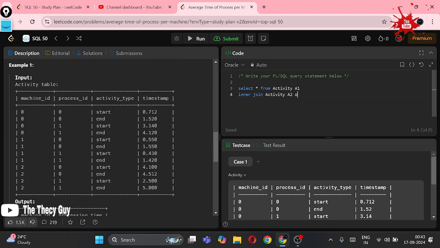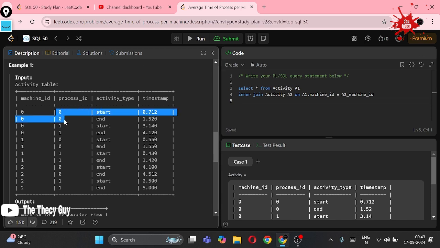So what I'm going to do is A1 dot machine ID is equal to A2 dot machine ID. Is it enough? Your answer is no, because look, there is process as well. So I'm using AND A1 dot process ID is equal to A2 dot process ID.